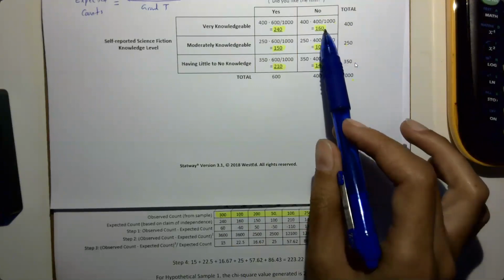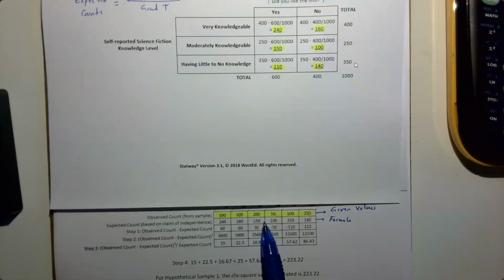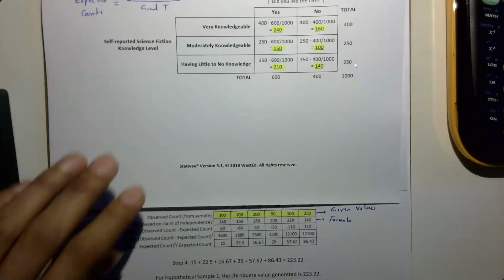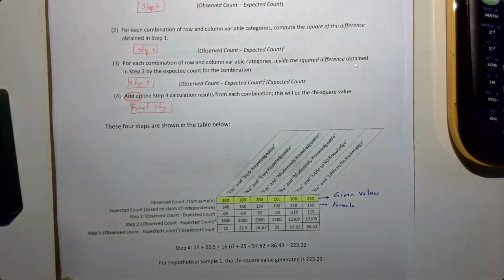As we calculated the rest of the expected values, we enter all of them here on the second row, expected counts. More computations. Now we need to take expected count, take observed count, and do the subtraction.